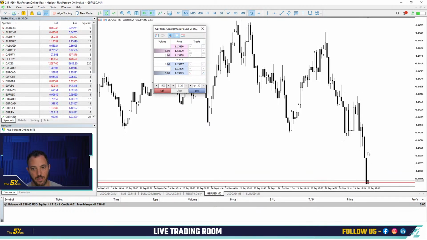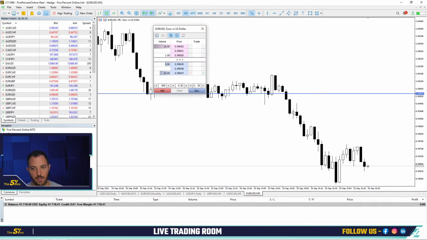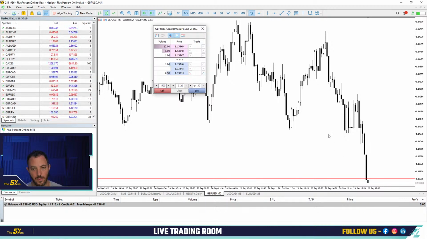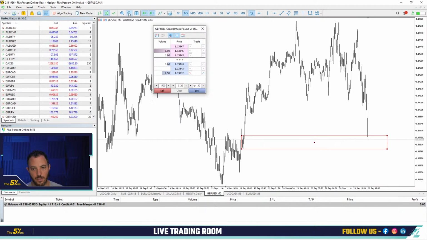This is a nicer movement than this one. So I like this setup here. Now I need this support to hold. I cannot sell right now.